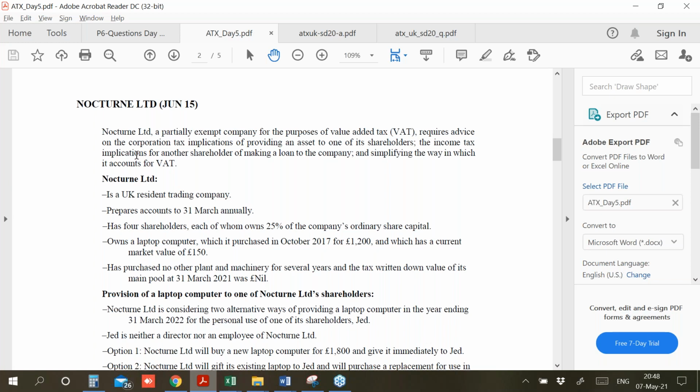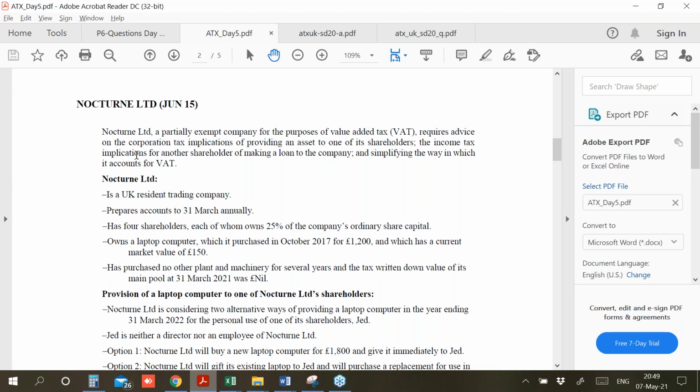It owns a laptop computer which it purchased in October 2017 for 1200. So the company purchased this asset back in 2017 for 1200, and it has a current market value of 150. It has purchased no plant and machinery for several years, and the tax written down value of its main pool at 31st March 2021 was nil.